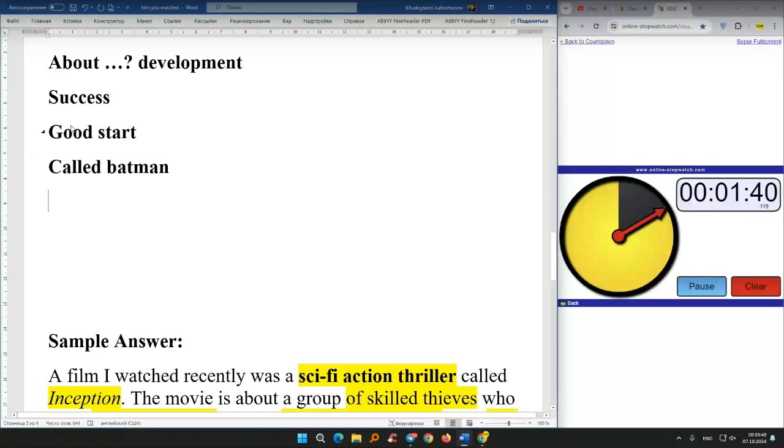I watched this film recently with my sister on my computer. This is such a comic film. I absolutely like it because it fits my taste.